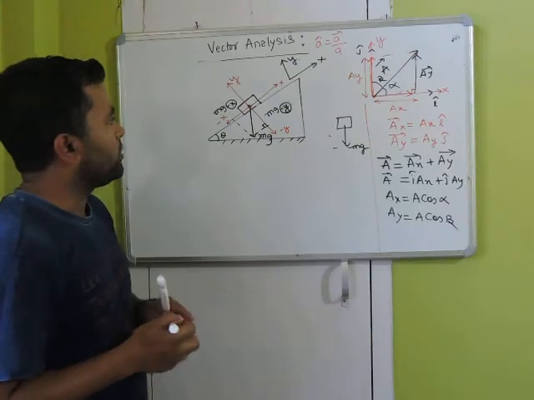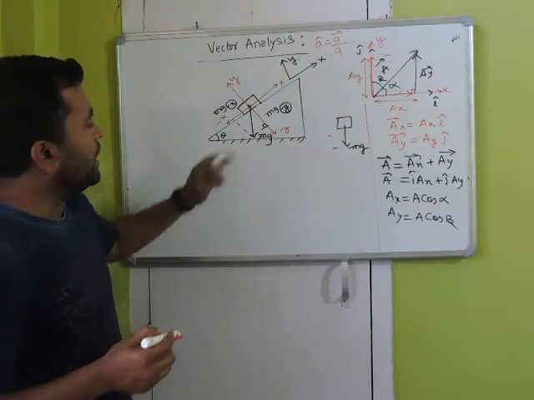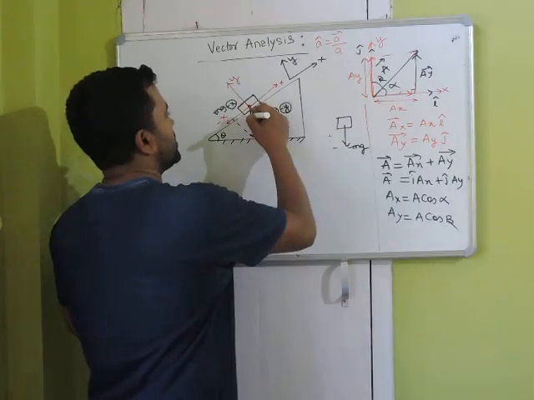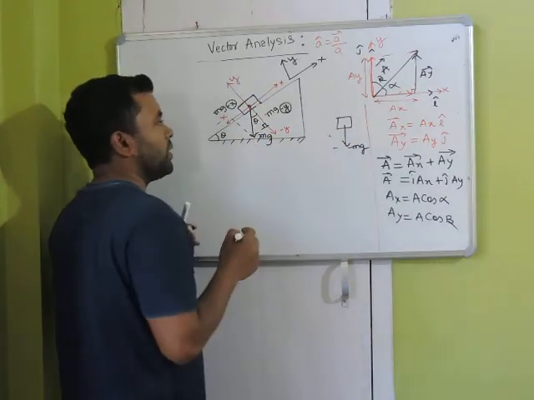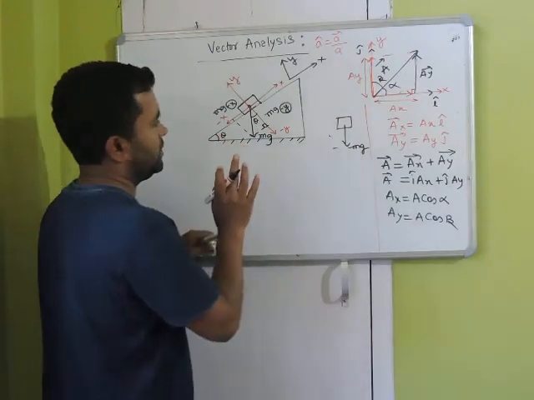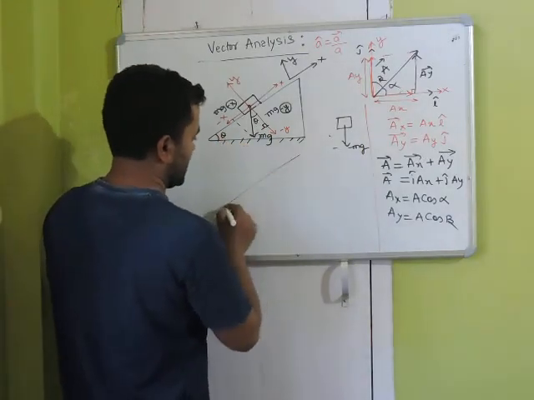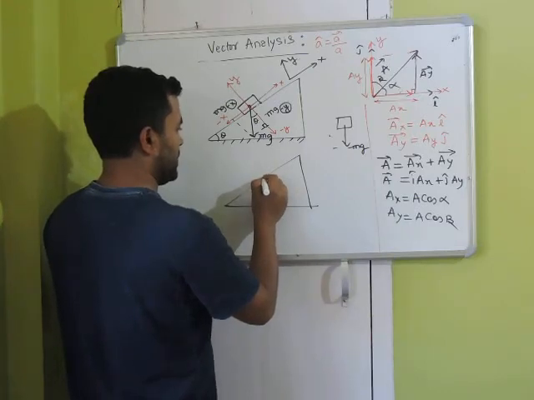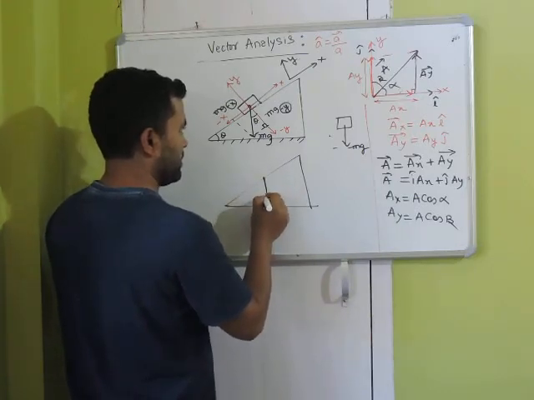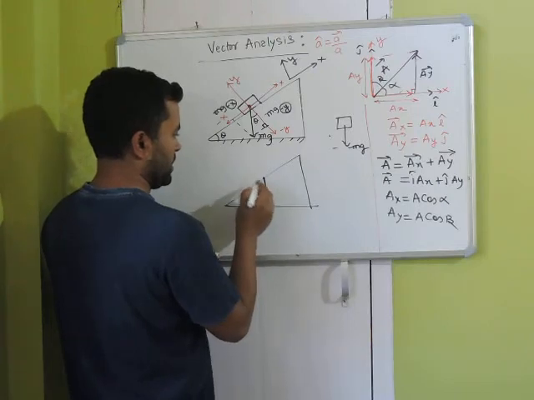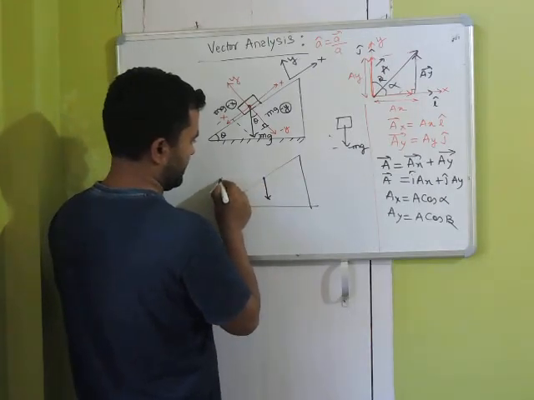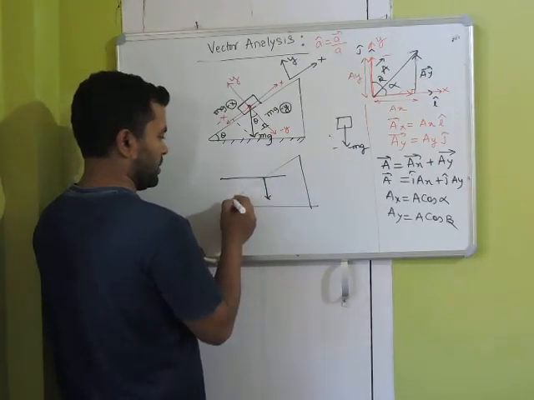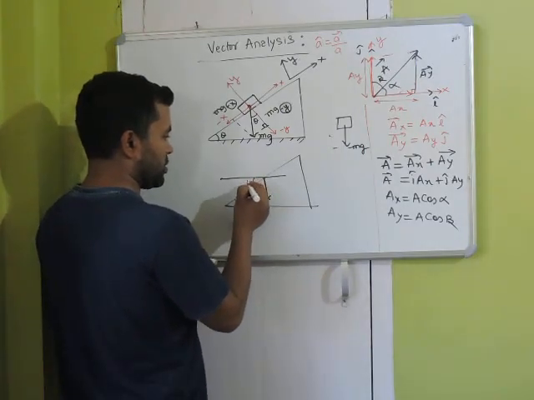Now you will find out, by simple geometry, that this angle is theta. Let me quickly tell you why. If this is your incline, and this is my mg, then if I draw a line parallel to the ground, and this angle is theta, this has to be theta.